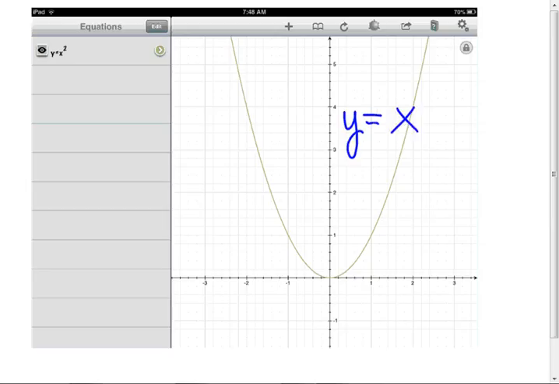Type in the x, it's over here on the side, and then the caret, x squared. I wish it would fix that. And then you press done, and it should graph it. Now, if you touch this little arrow up here, then you can change the color.